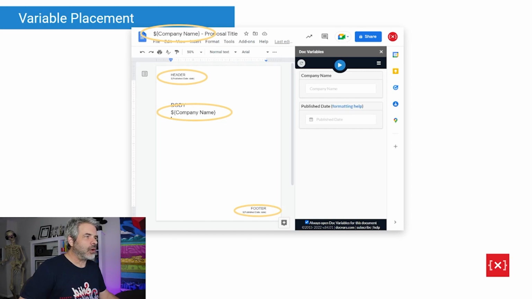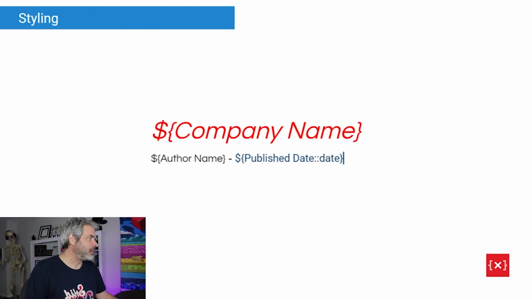All right, moving on. In Google Docs, we can put variables in the title, the header, the body, and the footer, which is awesome. Another note, styling. This is important.